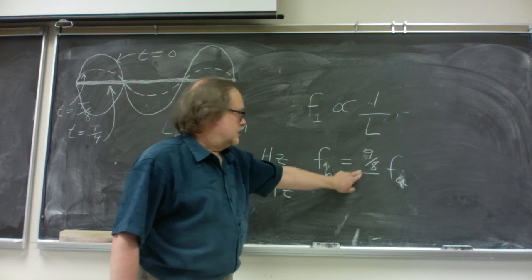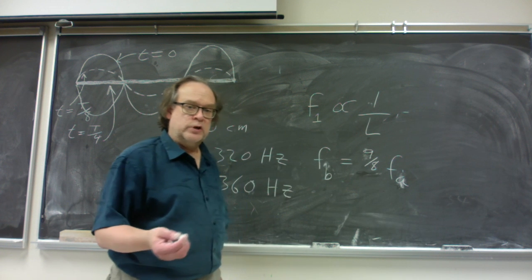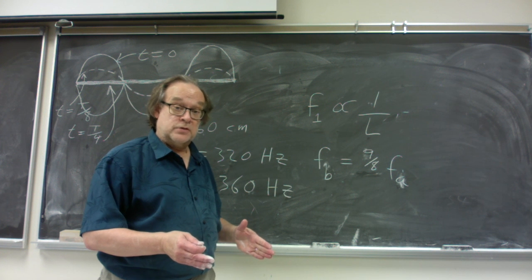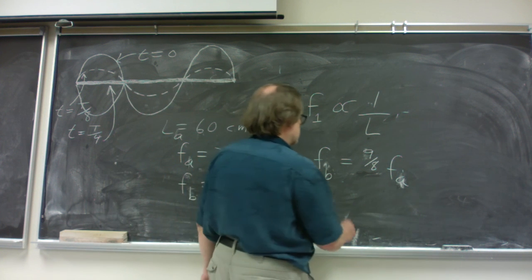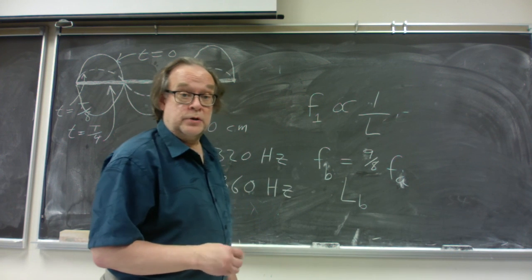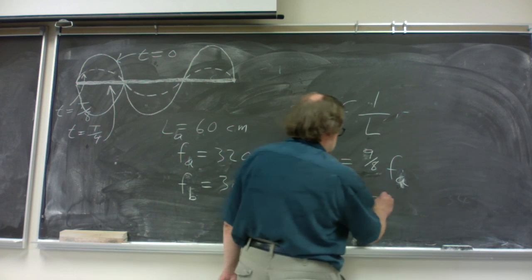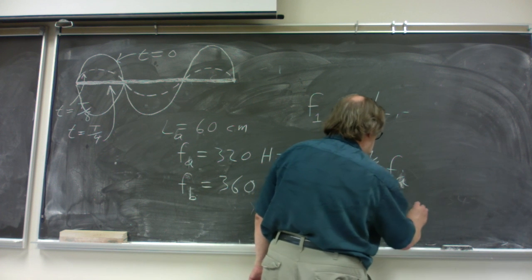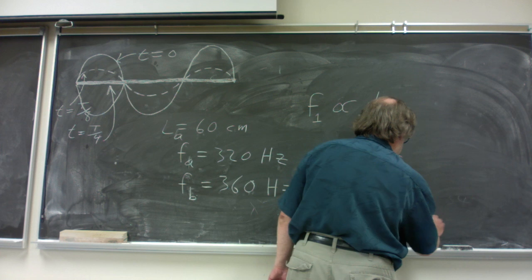So that 9/8 is the factor by which frequency changes. Therefore, length has to change by the inverse factor. The new, shorter length that gives you the higher pitch is just the inverse factor, 8/9, times the original length.